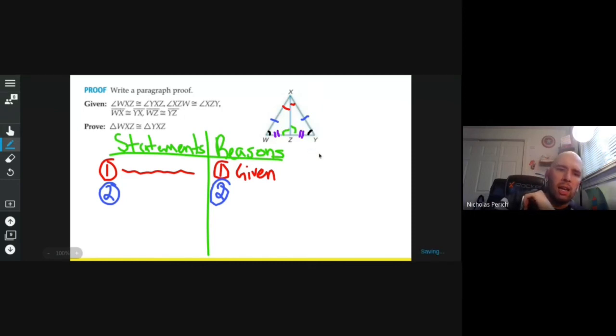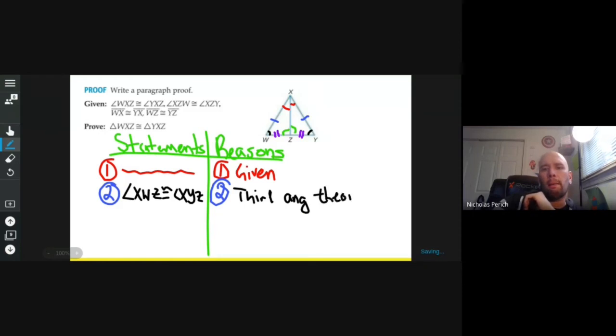So I could say XWZ is congruent to angle XYZ, and that's the third angle theorem. So what I have now is I have all three angles equal to each other.